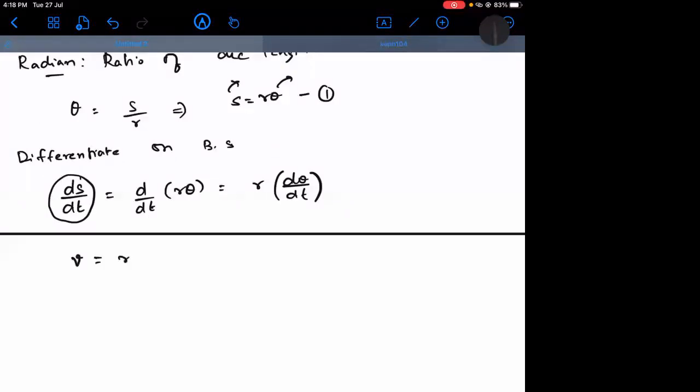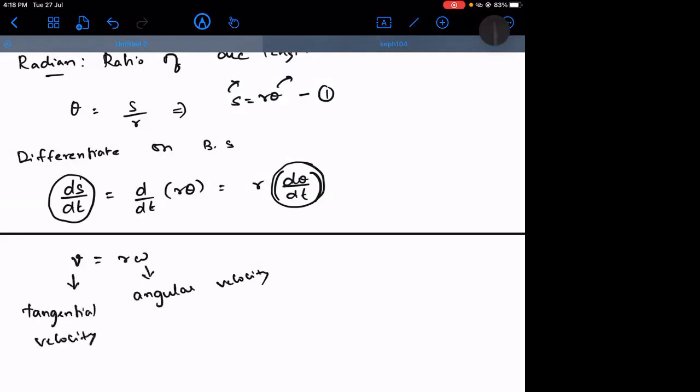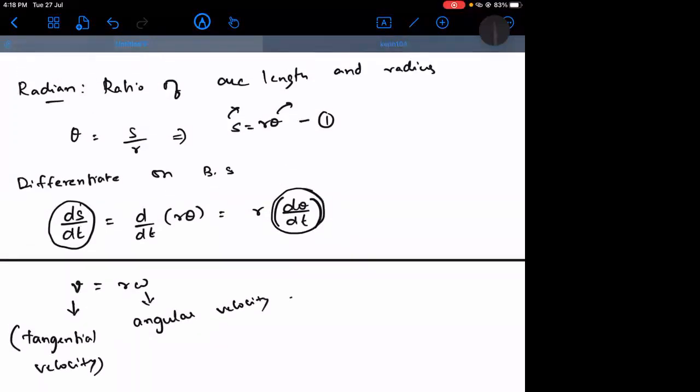So velocity is equal to r into, what is d theta by dt? This is called omega, where omega is called the angular velocity, and this v is called the tangential velocity. So let me show you what I'm trying to say. First make a note of this point and let me know. I'll explain it in terms of a diagram.